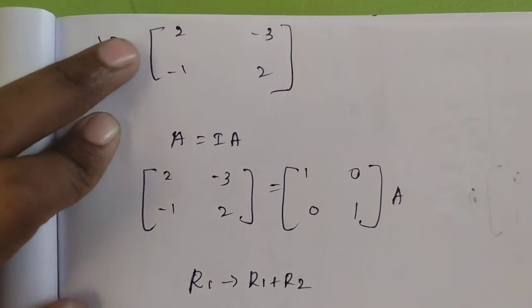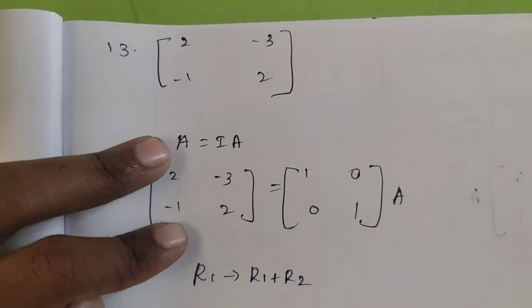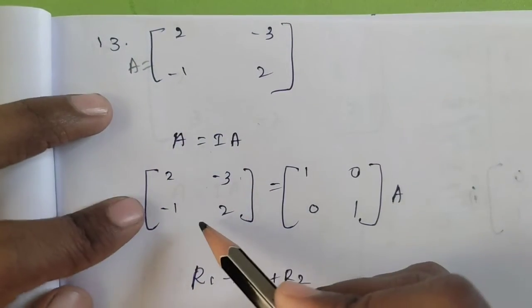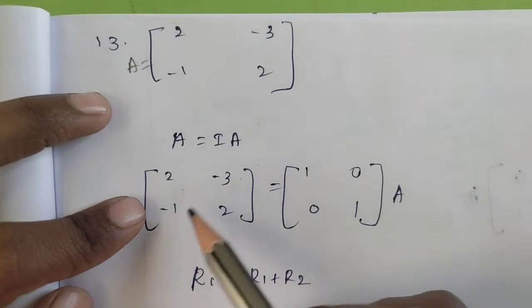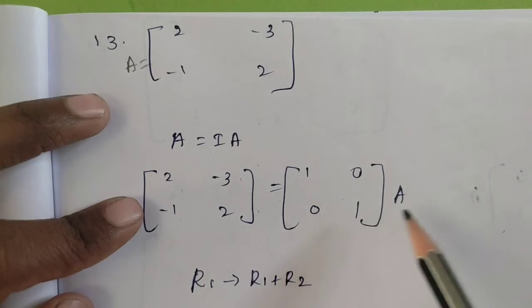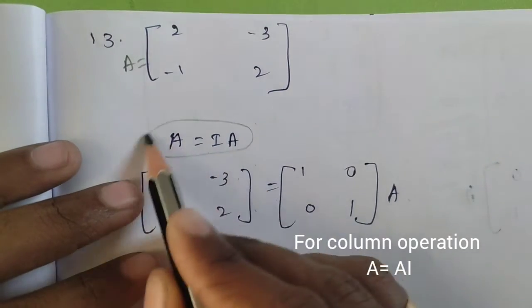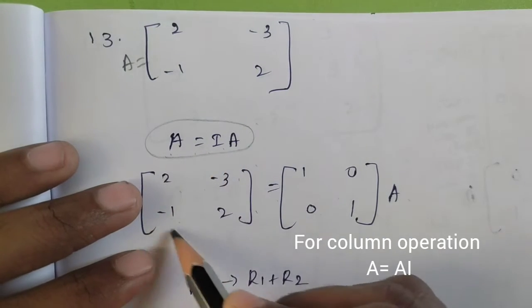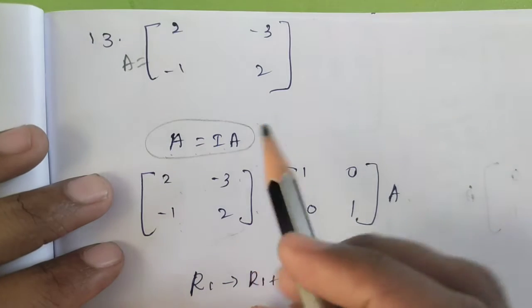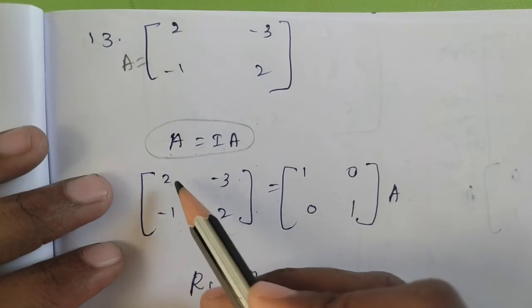Next problem: 2, minus 3, minus 1, 2. I am writing the given matrix A as A is equal to I into A. So 2, minus 3, minus 1, 2 is equal to the I matrix 1, 0, 0, 1 into A. These are row operations, so that is why we write it as A is equal to IA. We have to bring this to the identity matrix. So our first step is to make the first element 1.